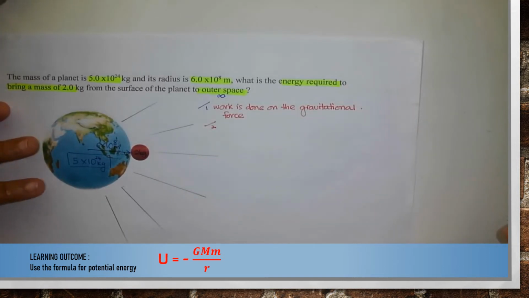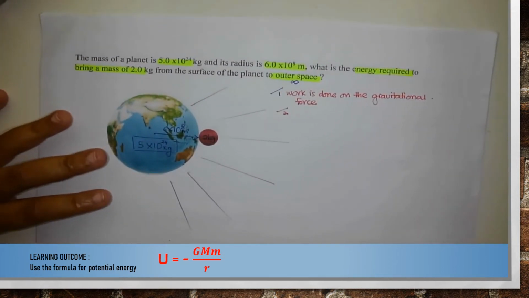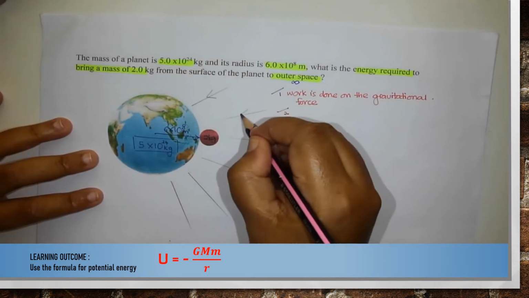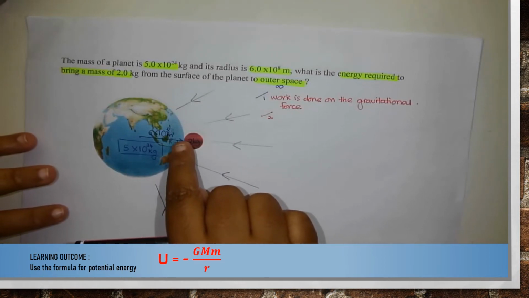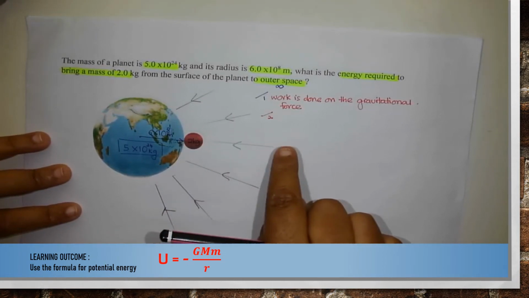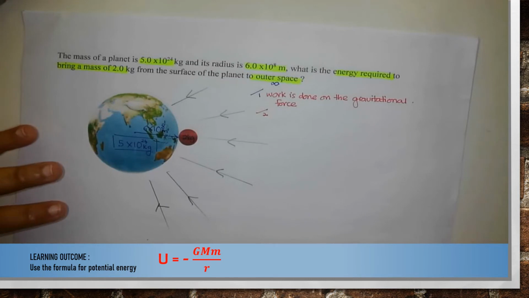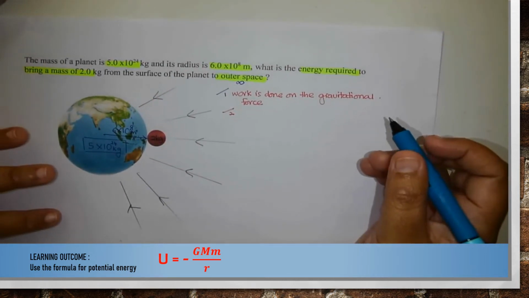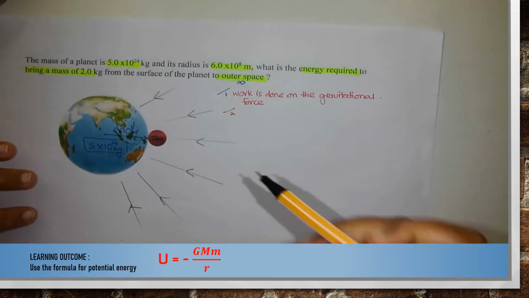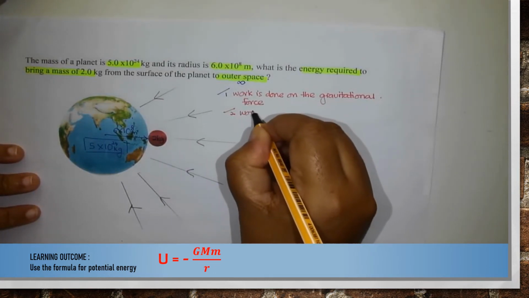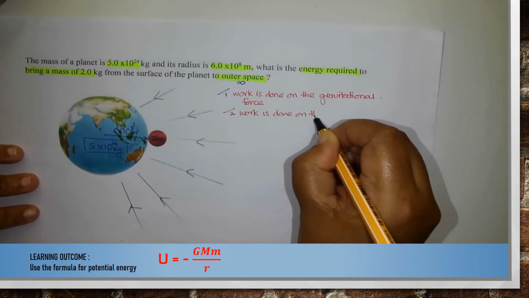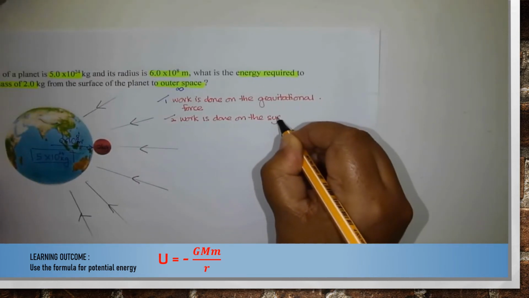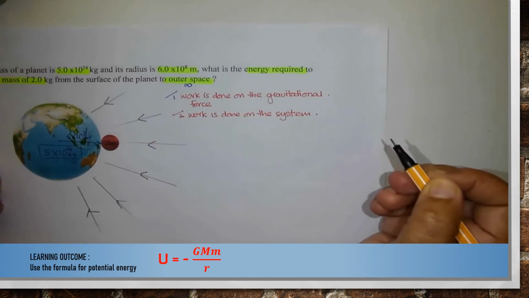Work is done on the gravitational force, because the direction of the field is in this direction. Now you want to bring the mass from this position to infinity, so you have to do work against the gravitational force. We can also say work is done on the system.